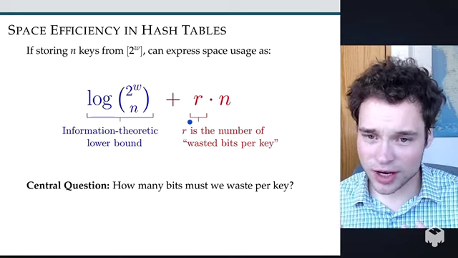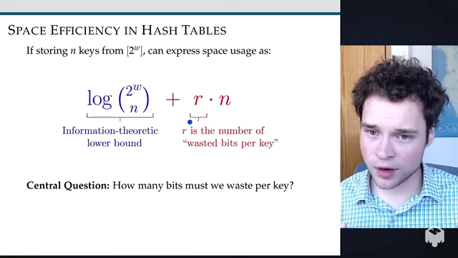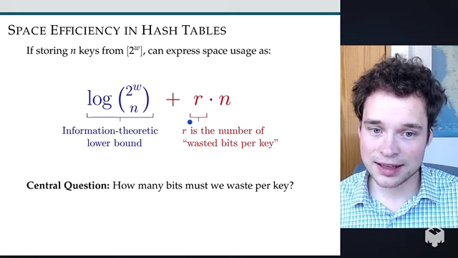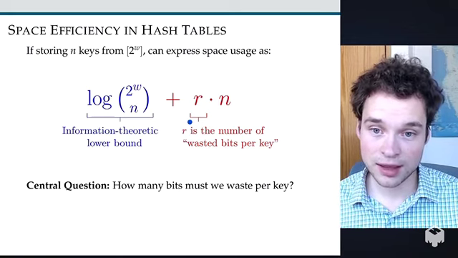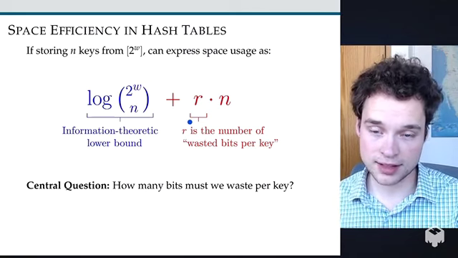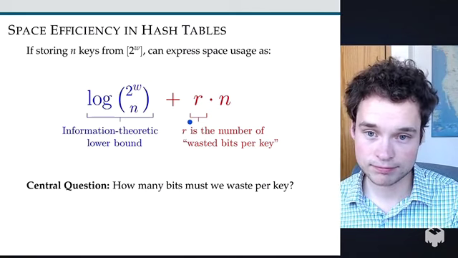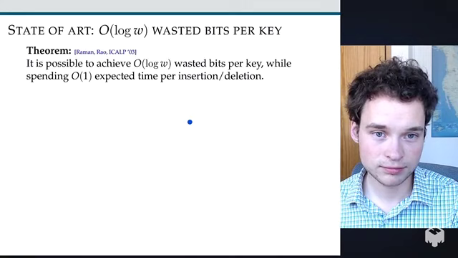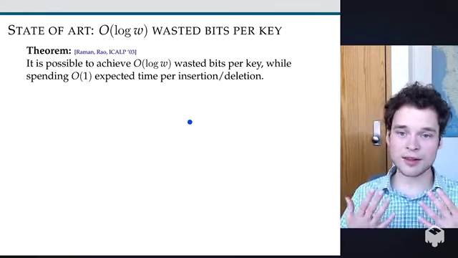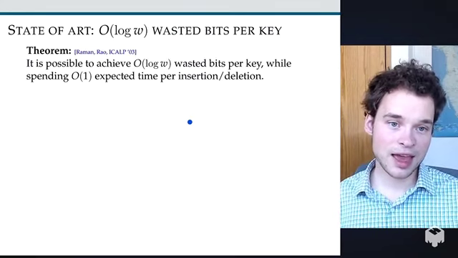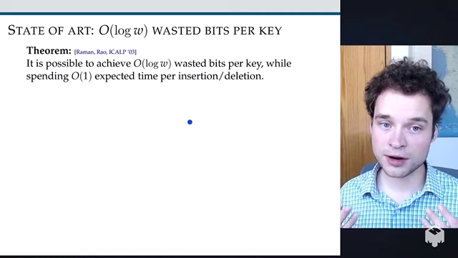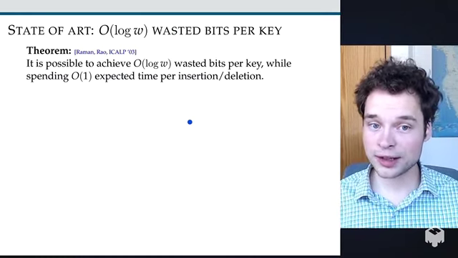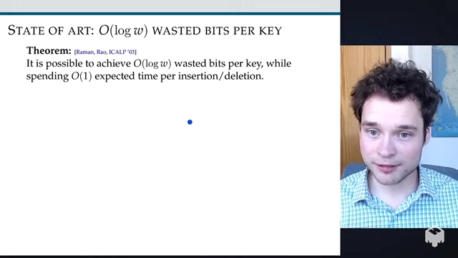And so the central question that researchers have focused on when it comes to space efficiency is how many bits must we waste per key in order to have a hash table with constant time operations. There's been a long line of work on this topic, and the state of the art, which was proved around 20 years ago by Raman and Rao, is actually a pretty impressive bound.